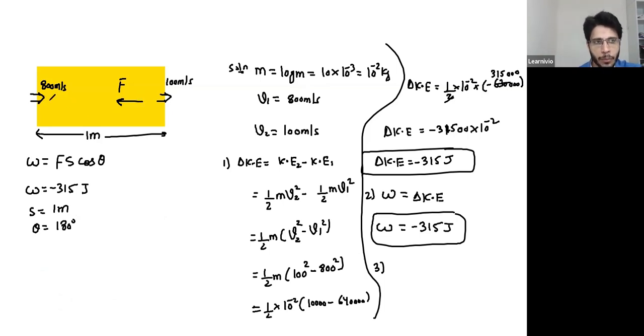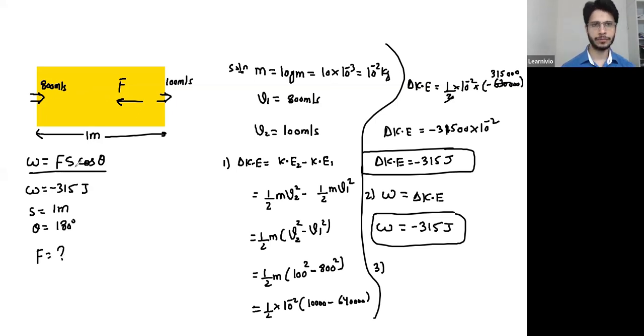If this bullet enters in the mud, then mud will offer a resistive force which will oppose the motion of the bullet. So I'm using the work done, which is Fs cos theta. This is work done by the resistive force. Your work done is minus 315 joule. Displacement is 1 meter. Theta is 180 degree.